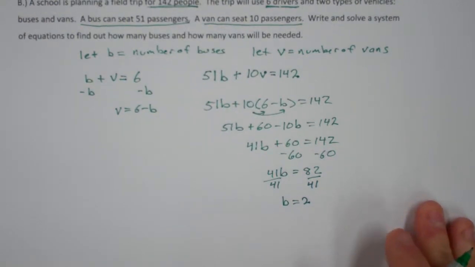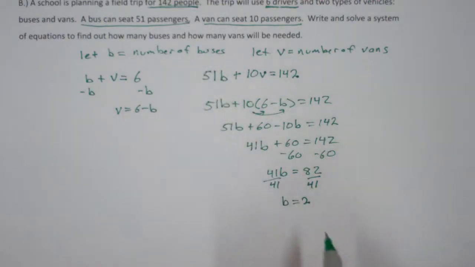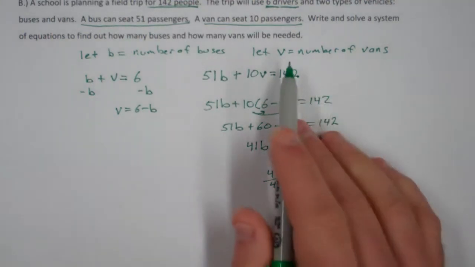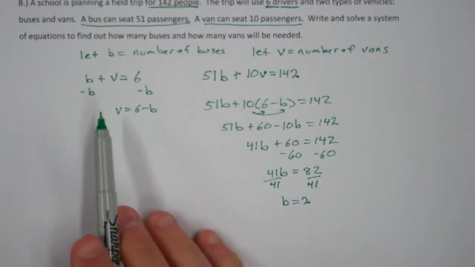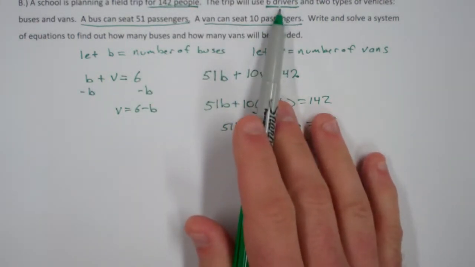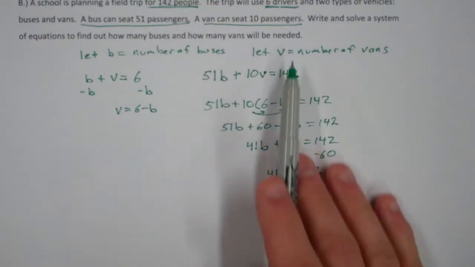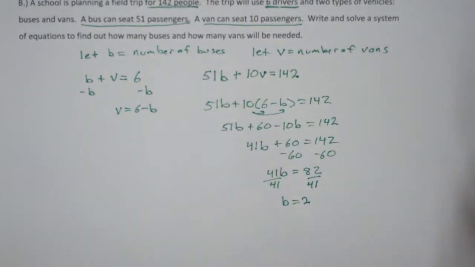So we're going to go back to our statement right here, let B equal the number of buses. So this statement here means that the number of buses is 2. We want to figure out the number of vans, and I'm not even going to plug this in at all. I'm just going to look at this statement. Hey, if there's 6 drivers, that means there's 6 vehicles. If there's 2 buses, the difference has to be made up by the number of vans, and that's got to be 4, right?